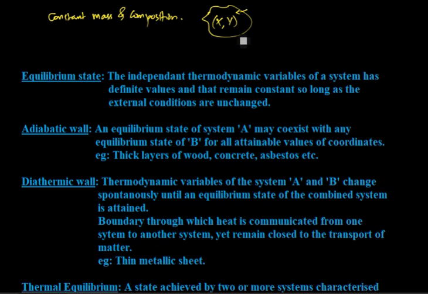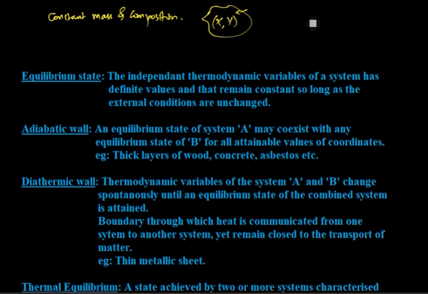What an equilibrium state means is that if you have a system described by two independent thermodynamic variables x and y, and these have definite values for a state of the system, and these variables remain constant as long as the external conditions are unchanged, then the system is said to be in an equilibrium state.